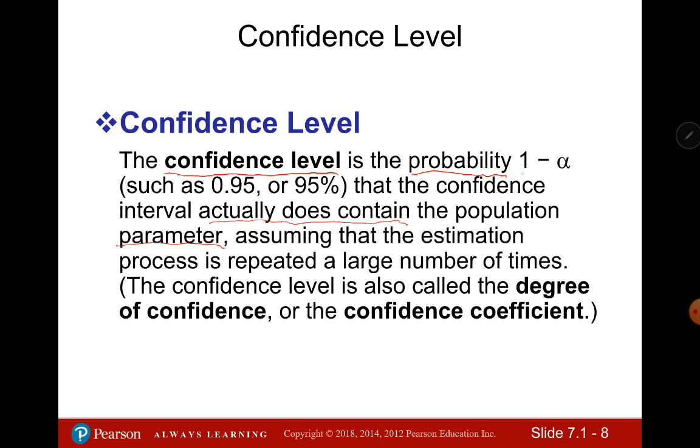We use 1 minus alpha to represent the confidence level, or we can also call it the degree of confidence or confidence coefficient. That's the same meaning. What is alpha? We will talk about it a little bit later. But the confidence level is 1 minus alpha. So if alpha is 5%, then the confidence level is 95%.